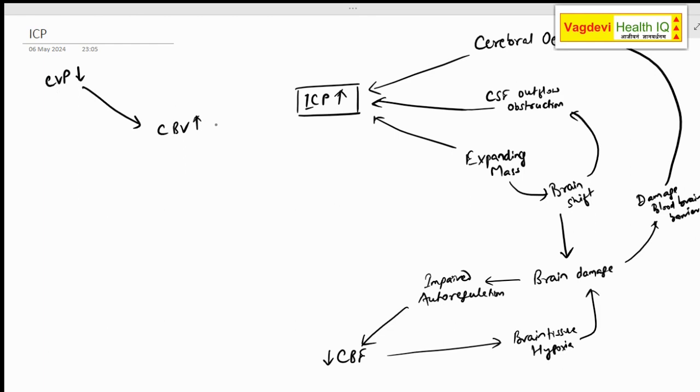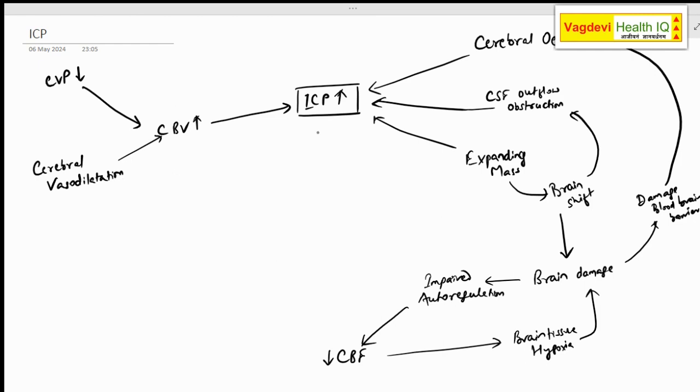It will cause what? Intracranial pressure higher. Both pressures are different. This is intracranial pressure, and I'm talking about central venous pressure. Yes. And anything else can cause more cerebral blood volume? Cerebral vasodilatation. It can cause what? More cerebral volume.